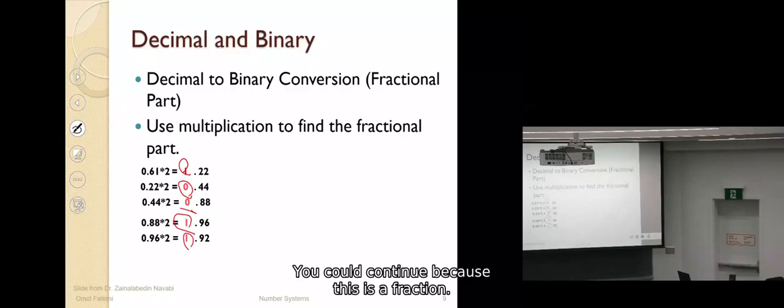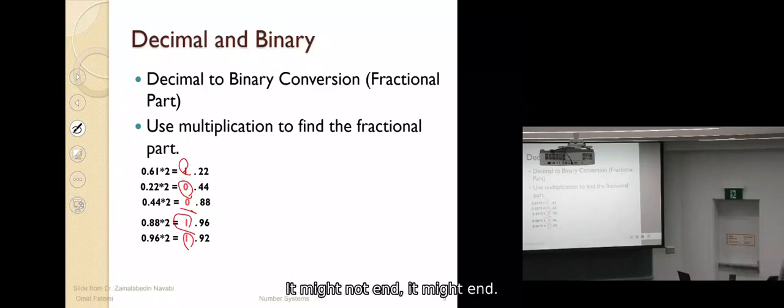You could continue because this is a fraction, and the fraction could continue unlimitedly. It has a fraction part of binary up to whatever it goes. It might not end, it might end.